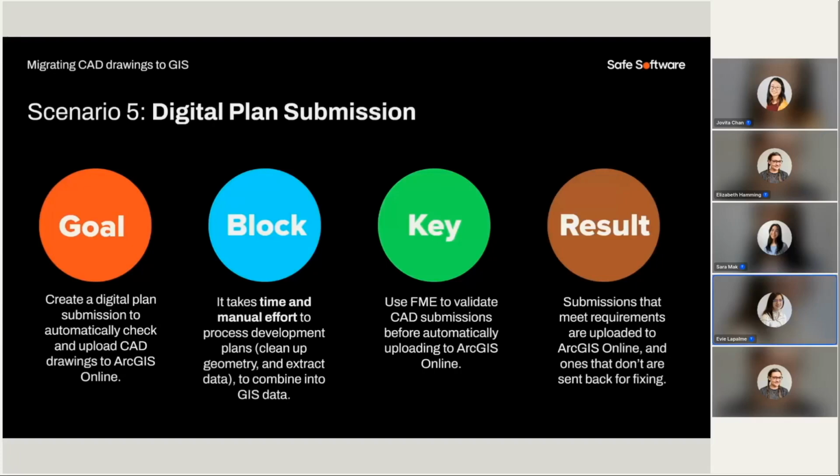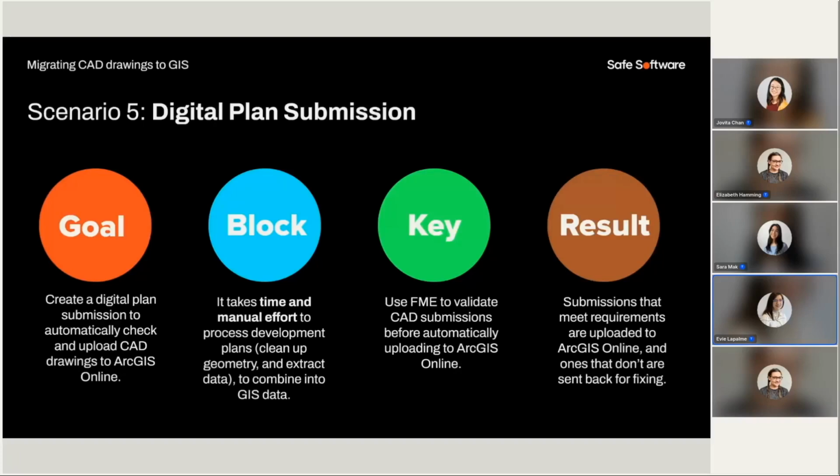The blocker is that it takes time and manual effort to process these plans, and now we have automated this process with FME to validate CAD submissions before automatically uploading them to ArcGIS Online. The result is that the submissions that meet the requirements are uploaded to ArcGIS Online, and the ones that don't are sent back for fixing to the user themselves.